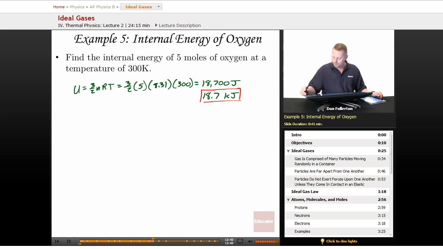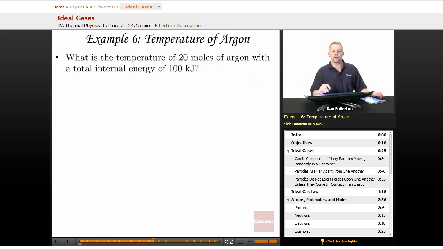Let's do another one. What is the temperature of 20 moles of argon with a total internal energy of 100 kilojoules? Well, total internal energy U is 3/2 nRT.